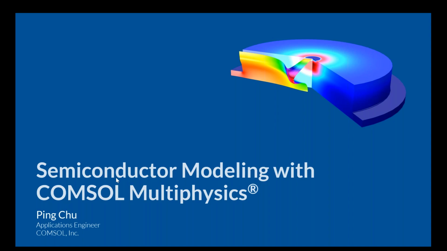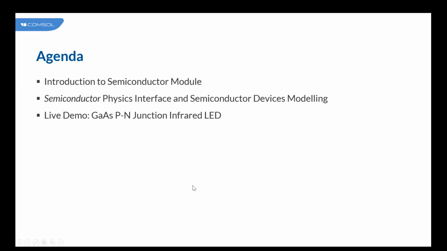Thank you, Tyler. Absolutely. Welcome, everyone. Welcome to this workshop. We're talking about semiconductor modeling with COMSOL Multiphysics. So agenda: first I will give a general introduction to the semiconductor module. And then we're going to discuss our major physics interface in the semiconductor module. It's Semiconductor, and its features you can use to set up your semiconductor simulation.